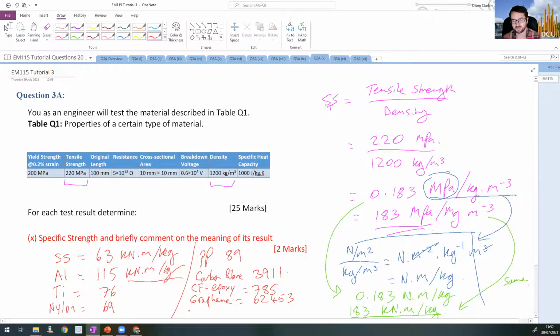Ceramics are a little bit more difficult to characterize in terms of tensile strength. So this figure you might take it with a little pinch of salt, but that's silicon carbide is equal to 1088 kilonewtons per meter per kilogram, which is relatively high as well.